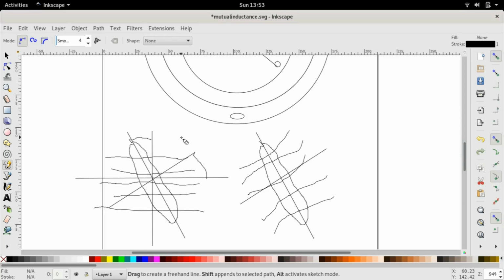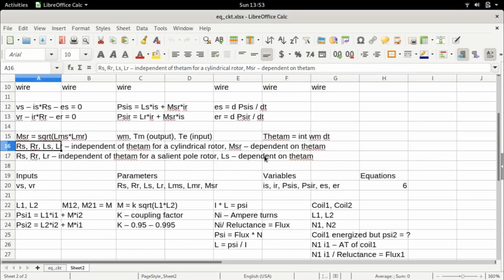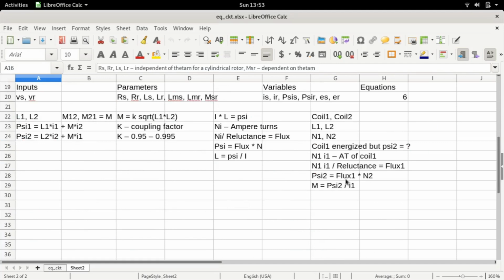And therefore, if I come back here, I can say that this flux 1 multiplied by N2 is the flux that would be produced normally, when the rotor is in that vertical position and the stator flux is completely linking with the rotor.